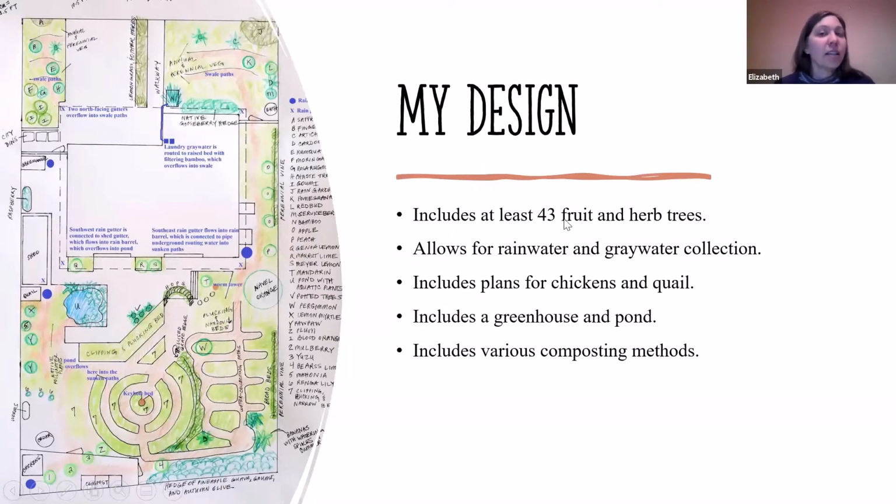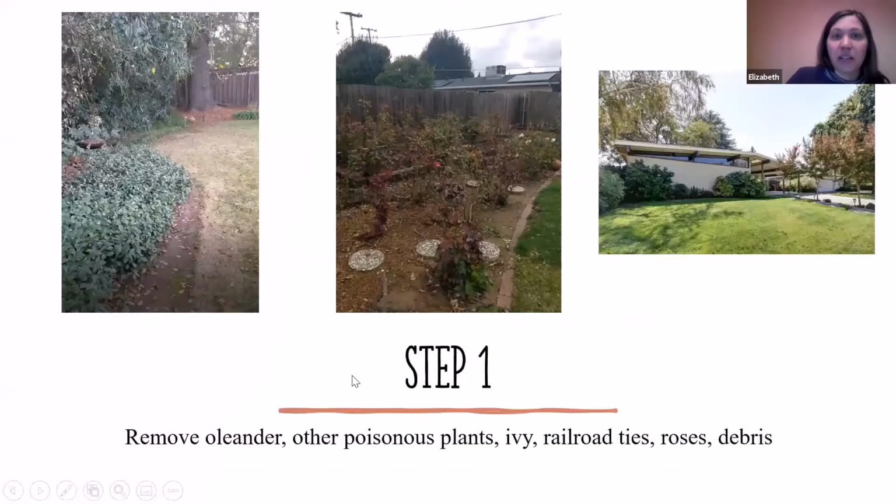It includes at least 43 fruit and herb trees. It allows for the collection of rainwater and gray water, including a pond, chickens, quail, worms, a greenhouse, and various other composting methods like regular bins, and I'll get to some of the other ones later. It includes a lot of stuff in this small space.